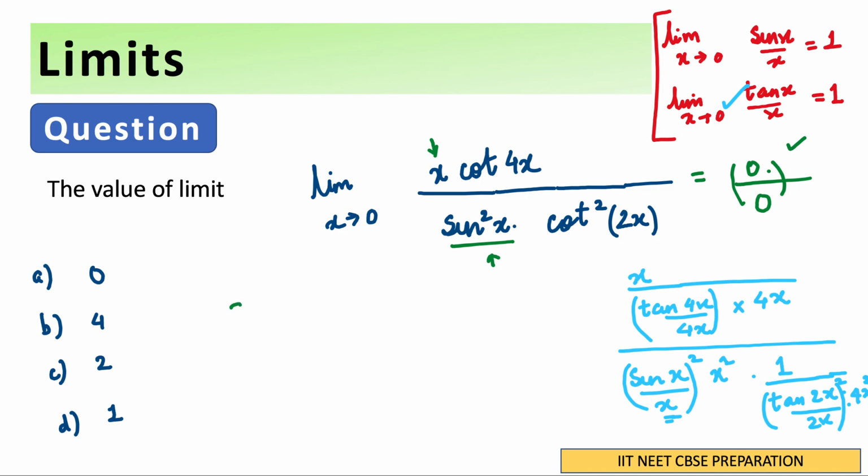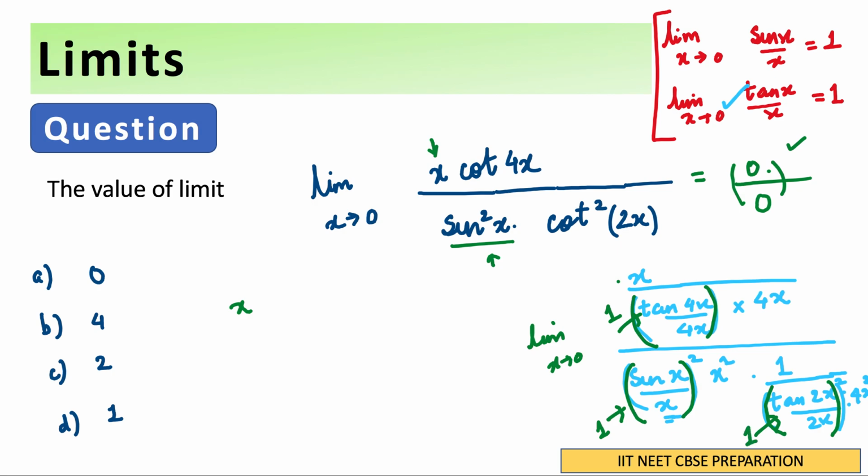Now we have x as it is, then tan 4x upon 4x, with limit x tends to 0. This expression will become 1. Similarly sin x upon x will become 1, and tan 2x upon 2x will also become 1.